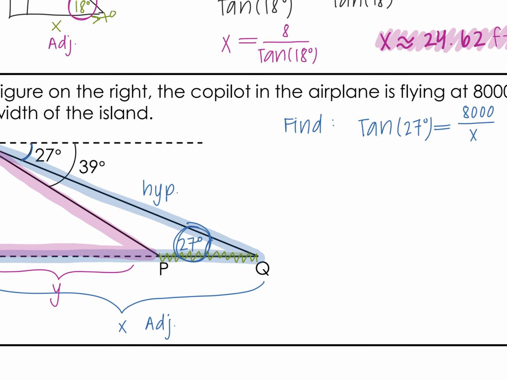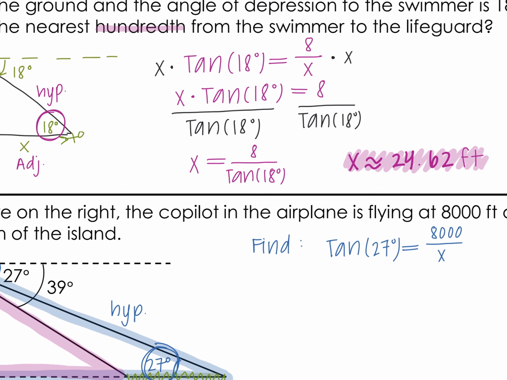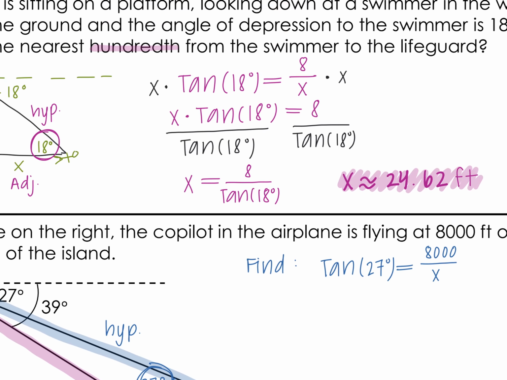Now, I remembered that I forgot to show you the trick that I had mentioned I was going to show you in this previous problem. So let's come up here and I'll show you the trick and then I'll apply it to this one. So the trick is when your x, what you're solving for, is in the denominator. So here and in the problem we're on, my x is in the denominator.